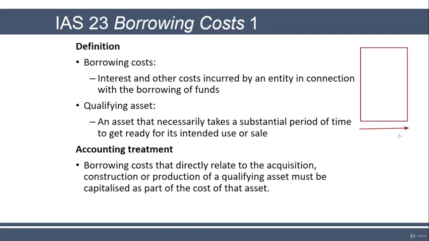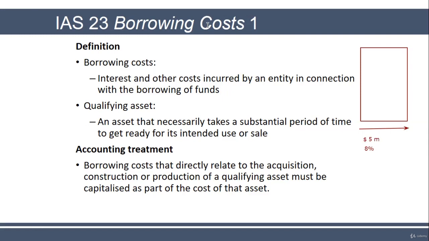IFRS does not talk about time, but it says that you are constructing an asset, and you took some loan, say $5 million, for the construction of this building. So you definitely are going to pay interest on this loan. Let's suppose you are paying 8%. This 8% interest, which you would pay on this 5 million, you can capitalize.